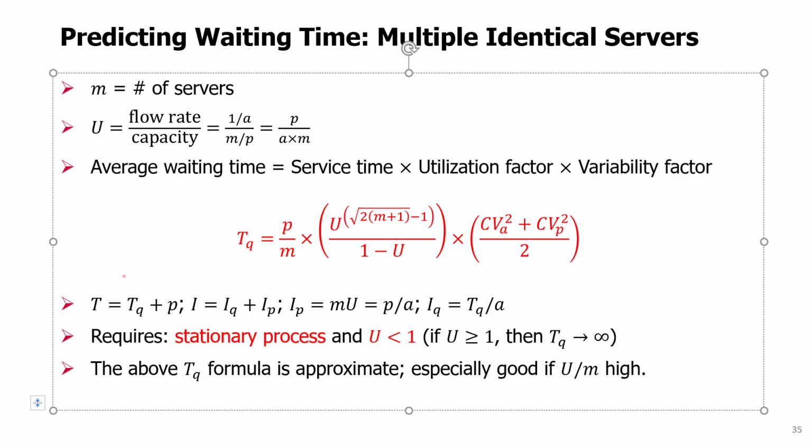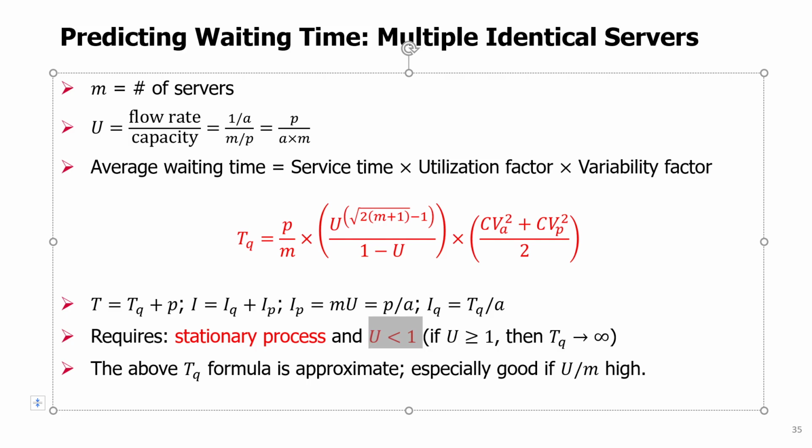As before, we can calculate all kinds of parameters here, right? Flow times or inventories, assuming the flow rate is known, and we have TQ to start with. Of course, we're assuming still a stationary process, and we're assuming utilization or implied utilization are both less than 1. If not, again, don't expect this model to work.